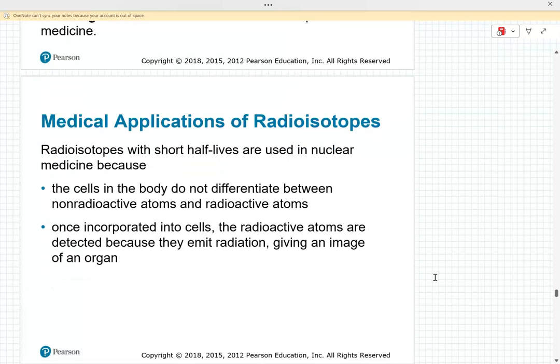So there's a bunch of medical applications, obviously, okay? Technetium, for example, you can use for the detection of different abnormalities or different things within the body, because with a half-life of 6 hours, it's going to be gone in pretty much a day. Okay?